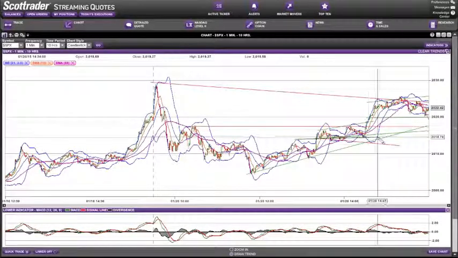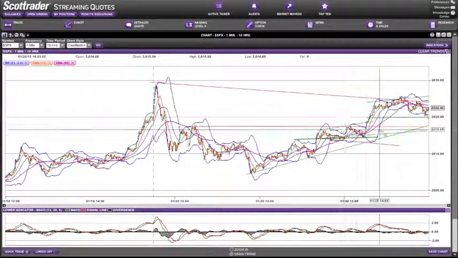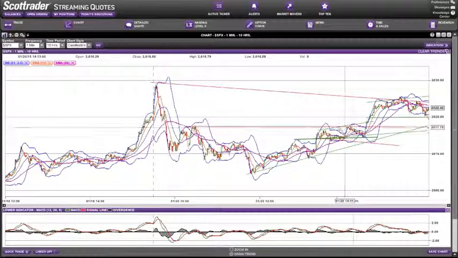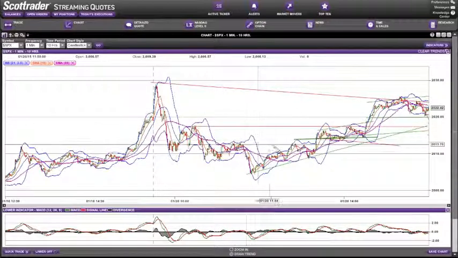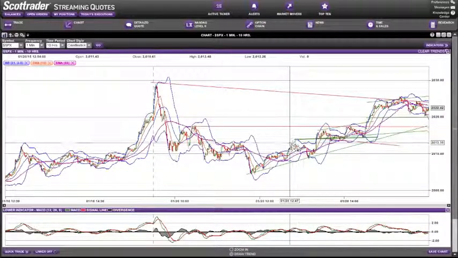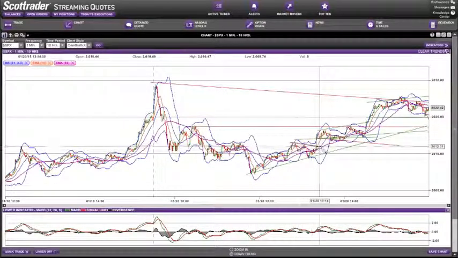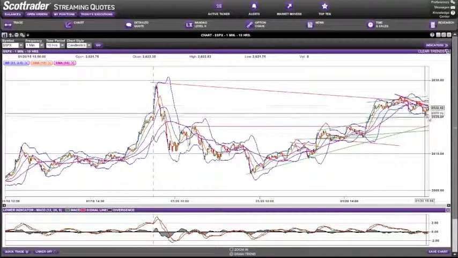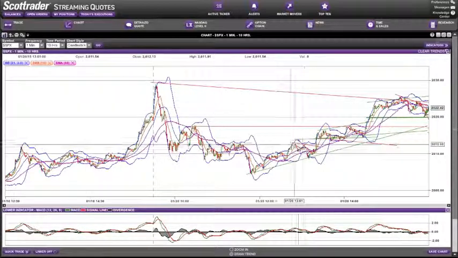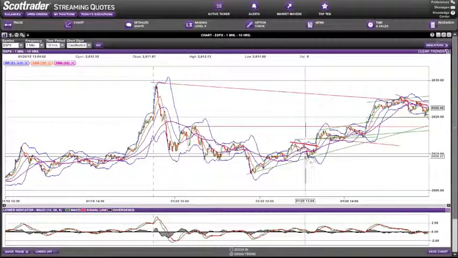Even though things kind of look bearish, that could have been a double top. The angle wasn't so good, but like here could have been a double top right there, but it wasn't. So I'm thinking maybe that is the same thing.